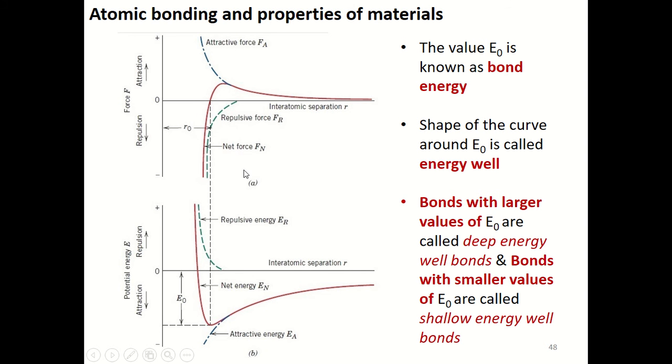Another important point we need to remember is that there are attractive forces and repulsive forces between atoms, and the attractive forces hold the atoms together. Note that the net force curve, look at the top image, has a minimum value here. This is the minimum value of the attractive force.